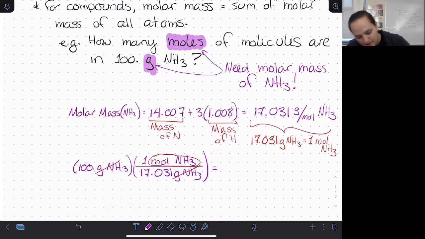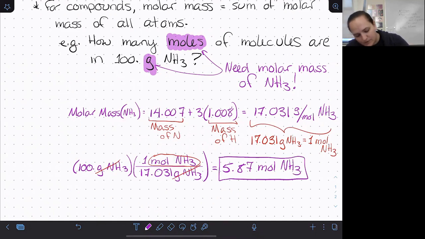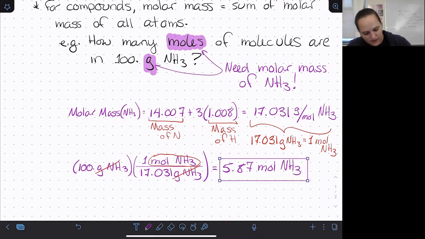And this is going to come out to about 5.87 moles of ammonia or so. So let's look at one more example.